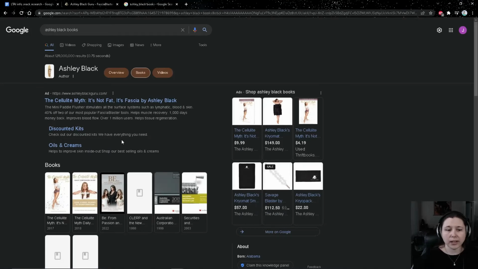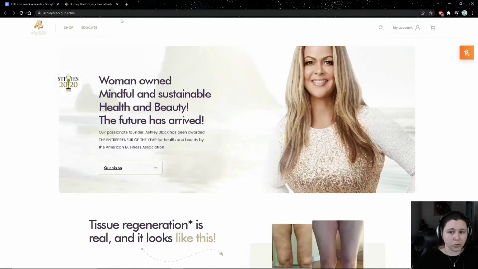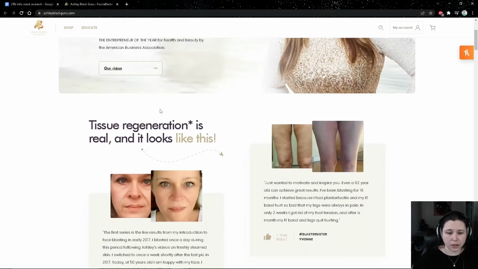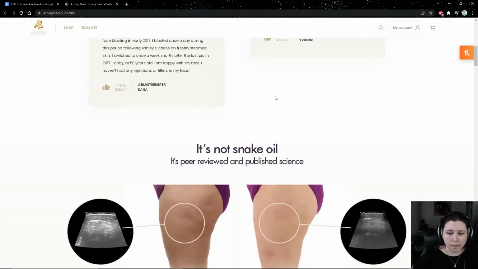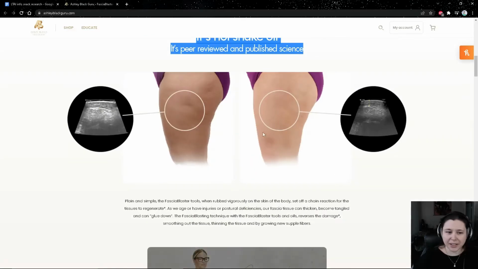So anyway, that's the background on Ashley Black, who she is, what her credentials are. So an author first and foremost that turned into life coaching and, you know, guru type thing. So yeah, here's some of the before and after. So absolutely, there's results here. It's not snake oil.